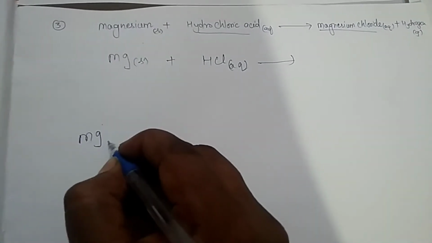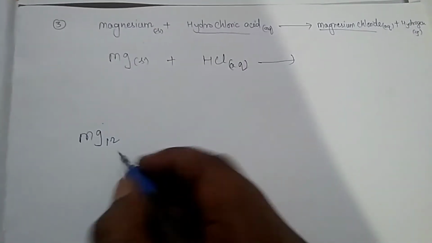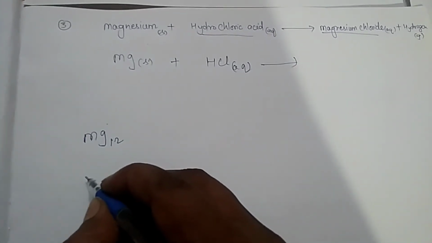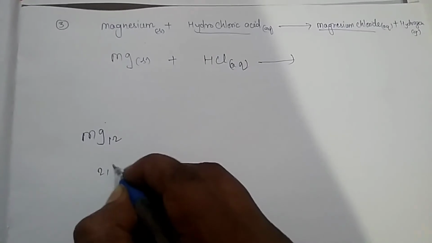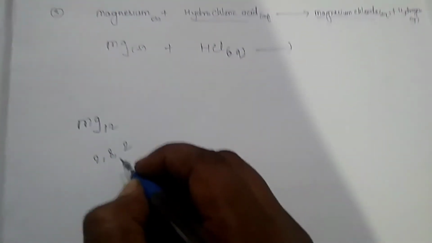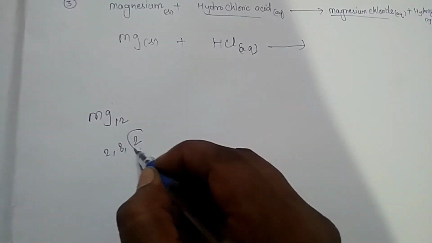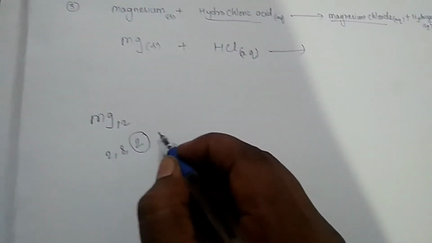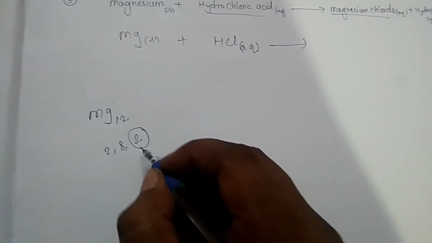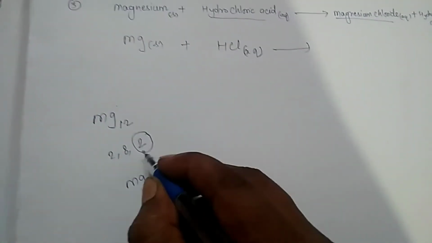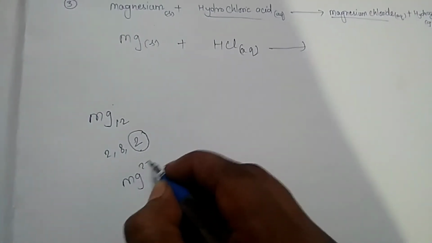magnesium atomic number is 12, children. If we write its electronic configuration, 2, 8, 2. Clear children? To become like an inert gas, magnesium tries to give 2 electrons to others. If it is giving 2 electrons, it forms 2 plus.